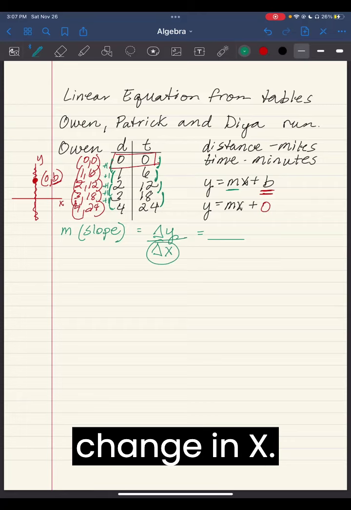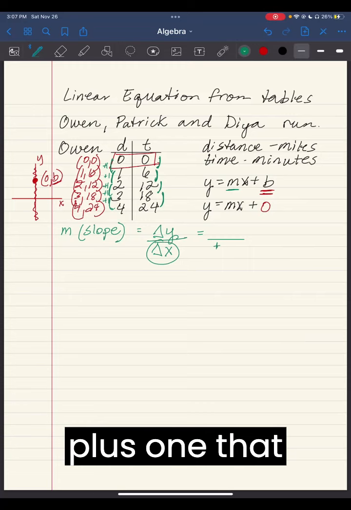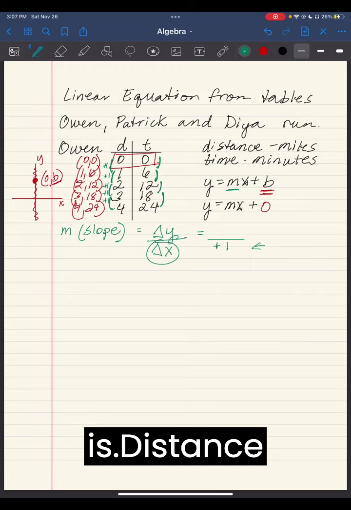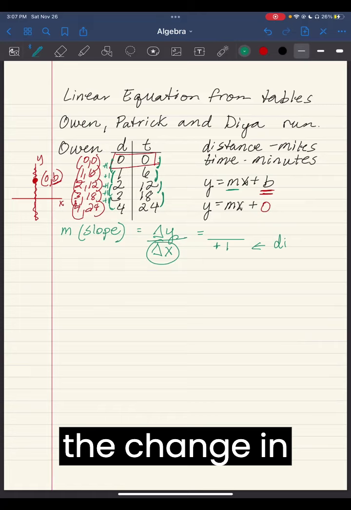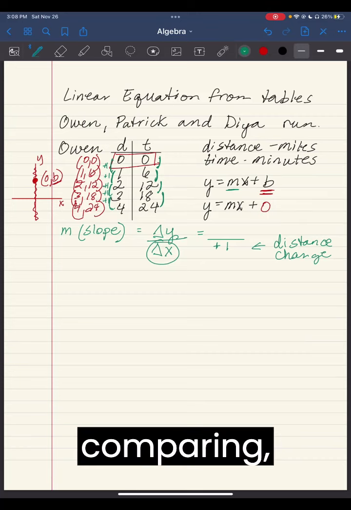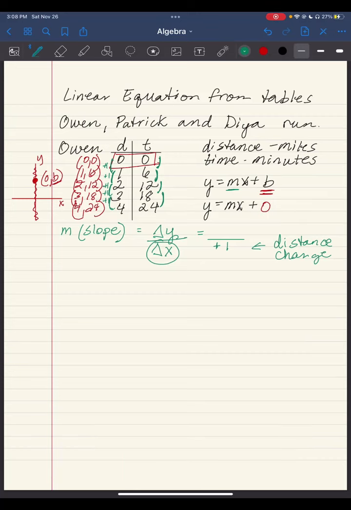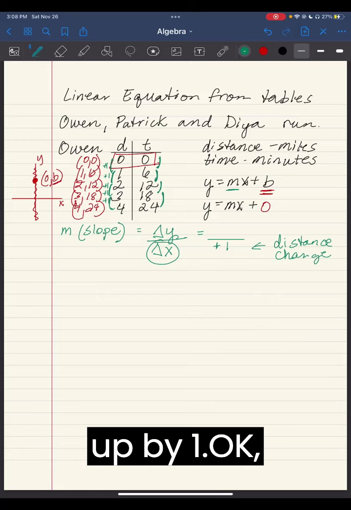That is the change in x. The change in x is really simple here. It's just plus 1. That is the change in distance. So you're not subtracting a distance with a time at this point. You're just looking at the distances, and you can see every time we move along this column, we go up by 1.